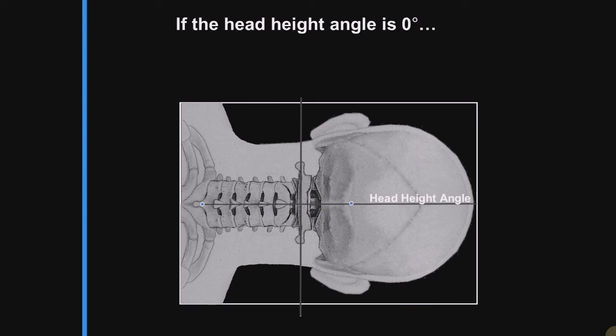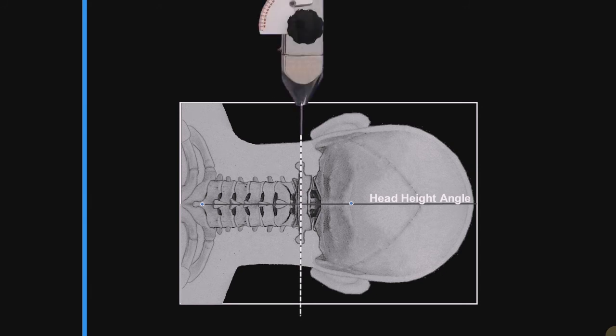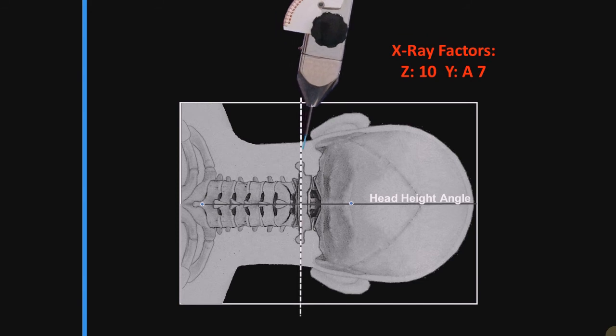The angle of the head, called the head height angle, in this example is 0, and the instrument calibration to this patient would be pure. If the X-ray factor had calculated that the height requirement for correcting this patient was 10 degrees, and the instrument was set at 10 degrees, then the patient would actually receive the 10-degree accurate adjustment from the films.